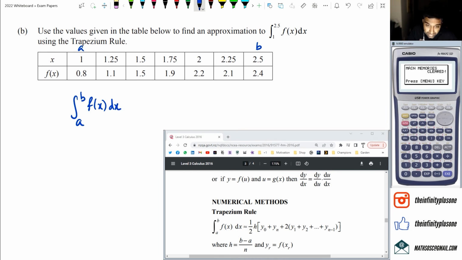F of x dx is equal to half h. Now, if you have a look at it, h is pretty much the interval, right? So if you go 2.5 minus 1 is 1.5, and then divide it by 1, 2, 3, 4, 5, 6. So h is equal to 0.25.